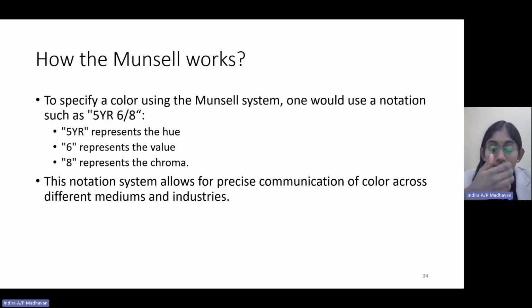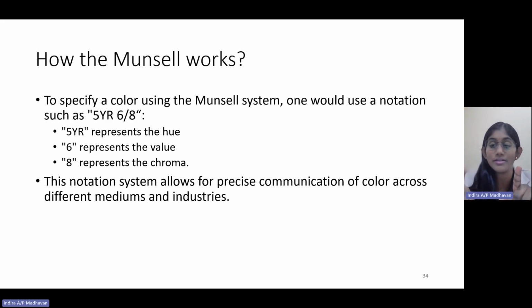When this was questioned to Albert Munsell, he said that if there are no such colors in the booklet or the Munsell color tree, say it is between 5 and 6, the color is not 5 because it's too light, and it cannot be 6 because it's too dark, then you can write it as 5.5.